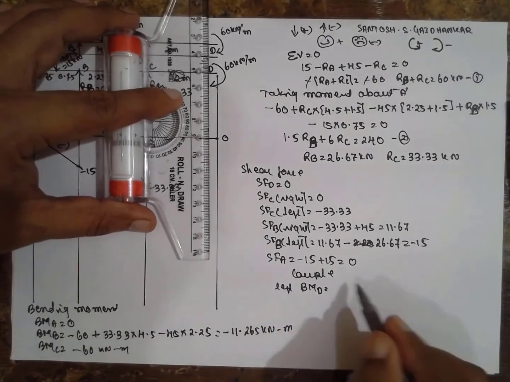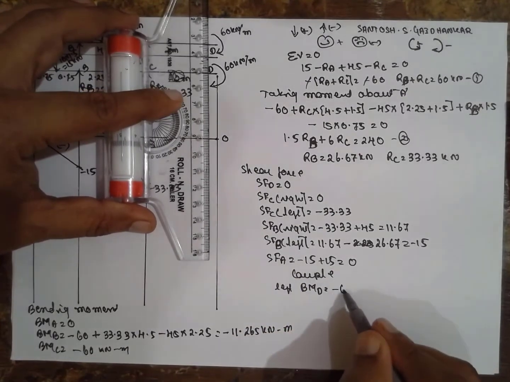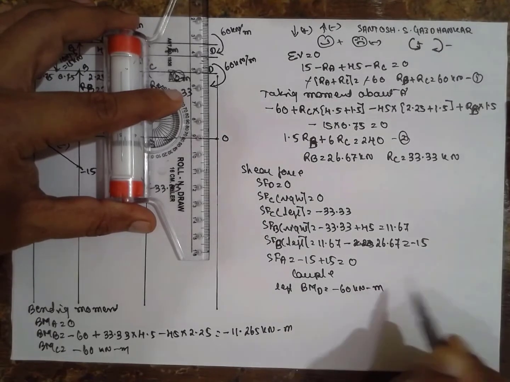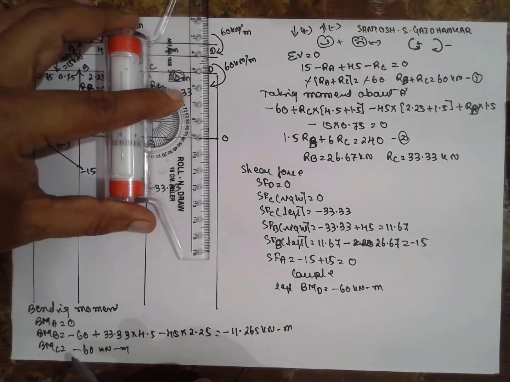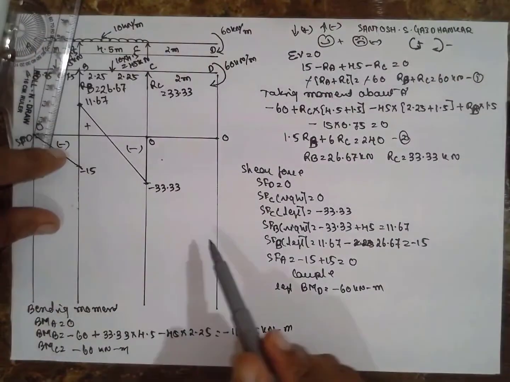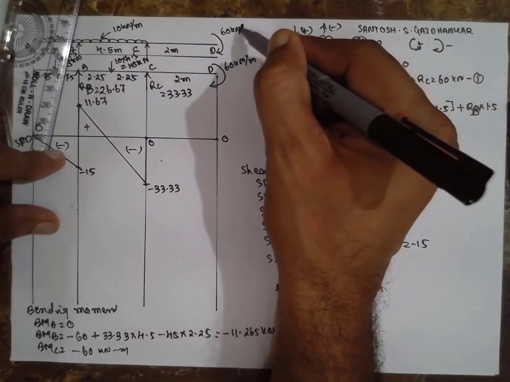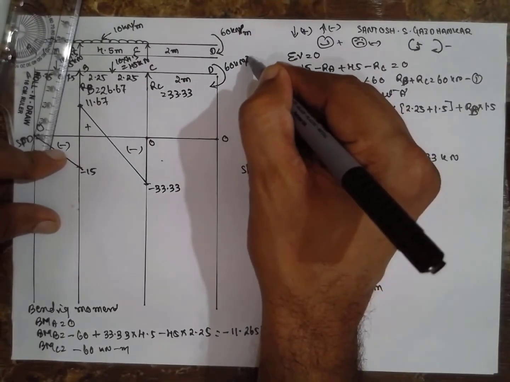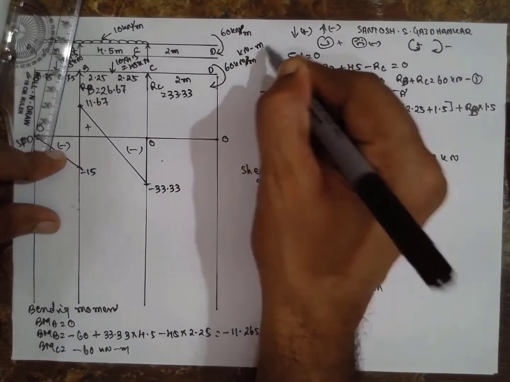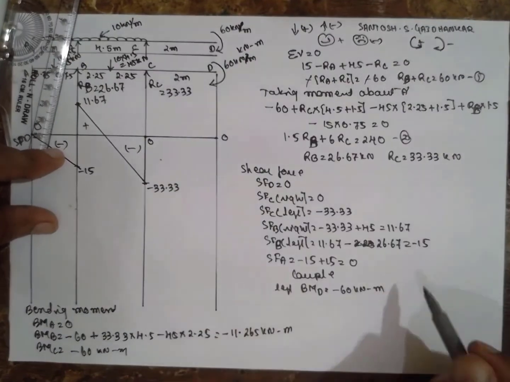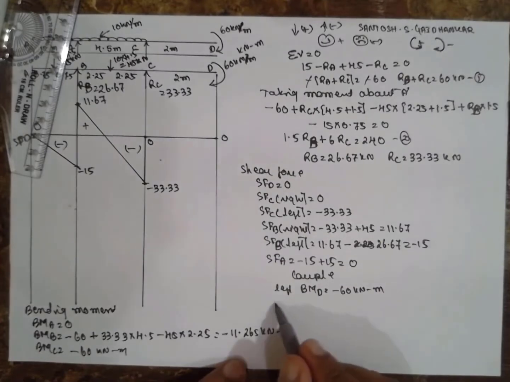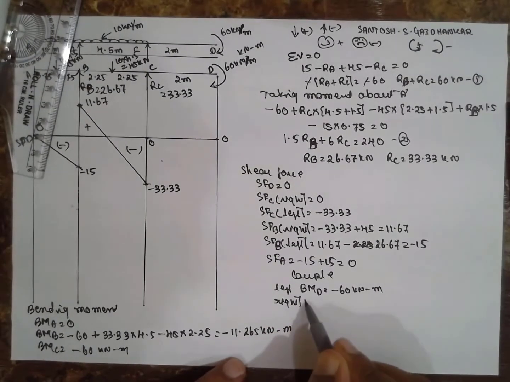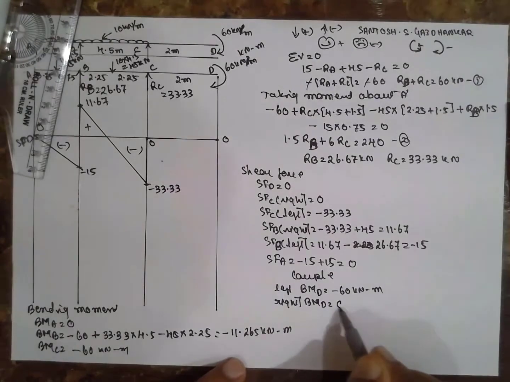On the left, minus 60 kilonewton meter. Here it is not kilonewton by meter, it is kilonewton meter, therefore it is correct. Next, on the right side, bending moment at D will be 0.